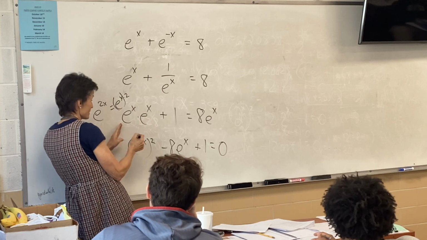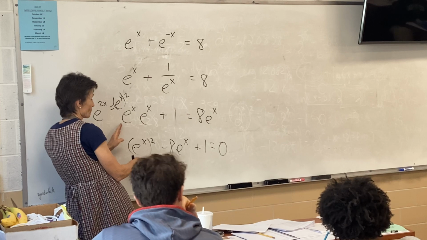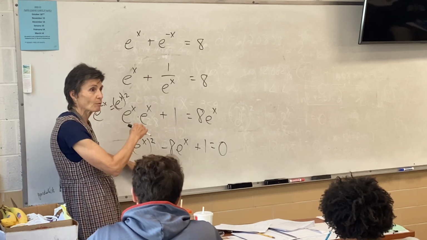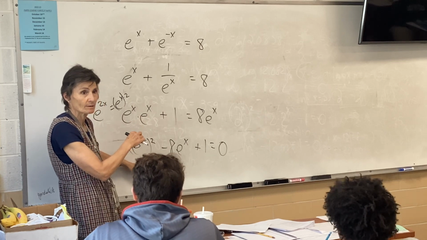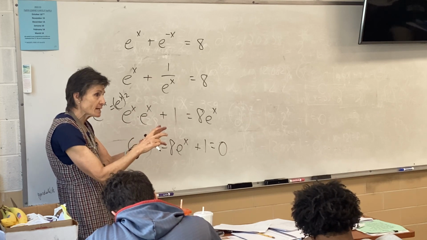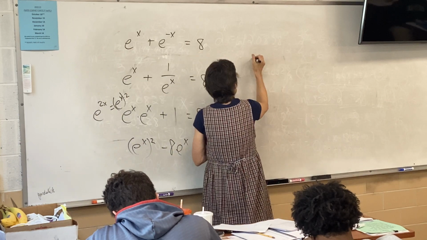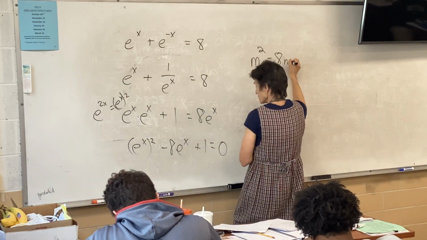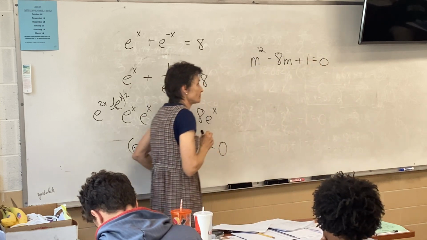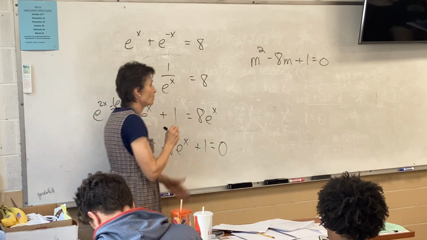So that's e to the x times 2. Exponent times 2. So, do you recognize quadratic form right here? Something squared minus 8 of those things plus 1. So, m squared minus 8m plus 1, which is a solvable equation.